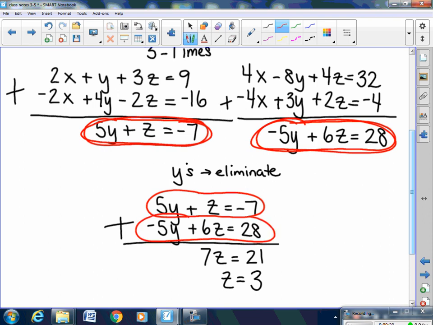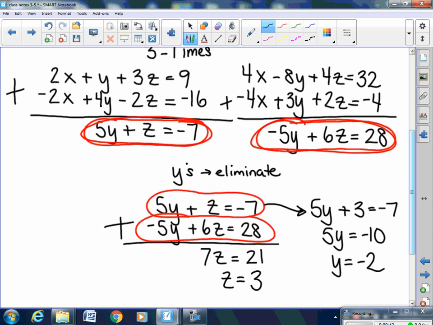They're all the same anyway, the ones I circled. I'm just going to go over here and do this one. It doesn't matter, but I'm going to leave it 5y, and in place of z, I'm going to put 3, equals negative 7. I'm going to subtract 3 from both sides, and I'm going to divide both sides by 5. I'm going to get y equals negative 2.